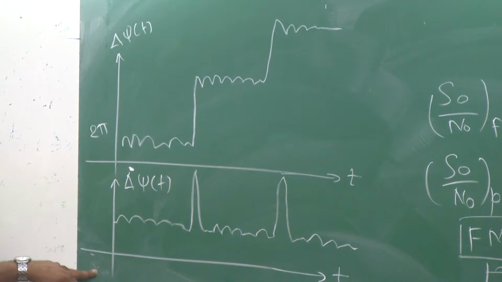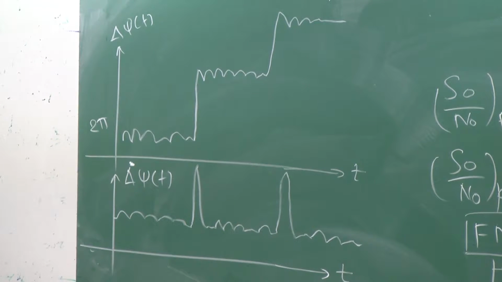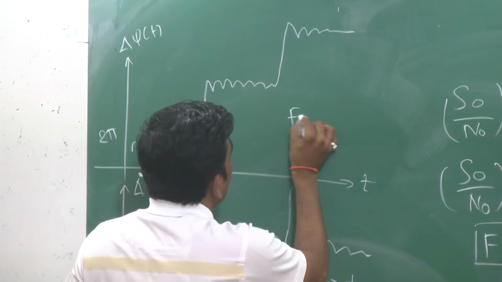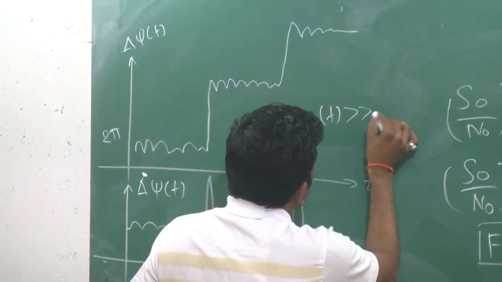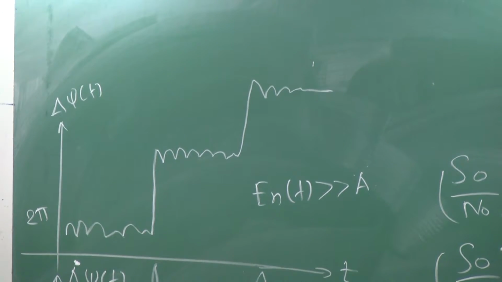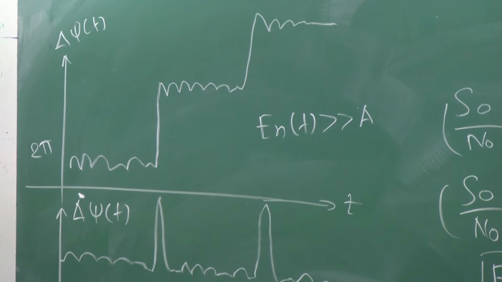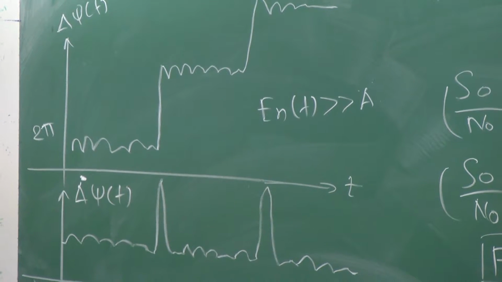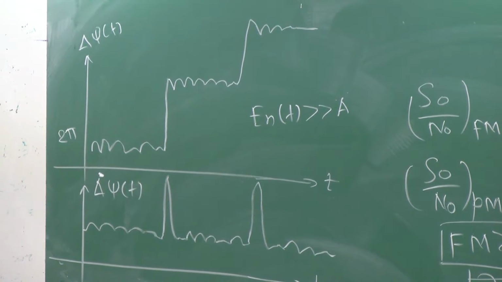For your angle modulation system working in large noise, that is the case where A_N(t) is very much larger than capital A. For the small noise case, delta psi(t) is the quantity which gives the measure of noise effect.